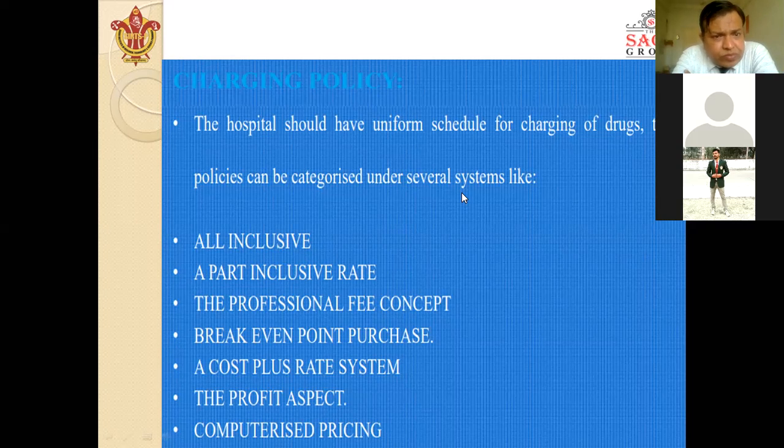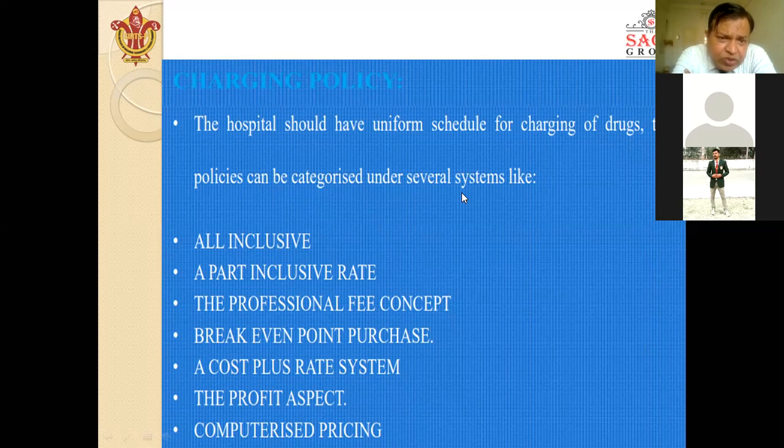Now, the charging policy of medicine. The hospital should have a uniform schedule for the charging of drugs. The policies can be categorized under several systems, like all inclusive.